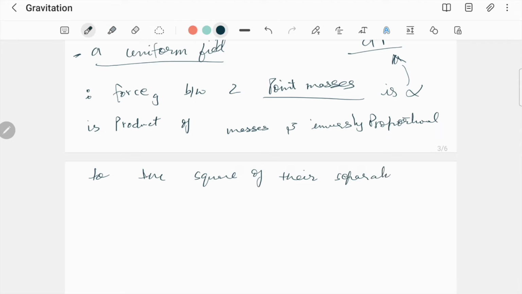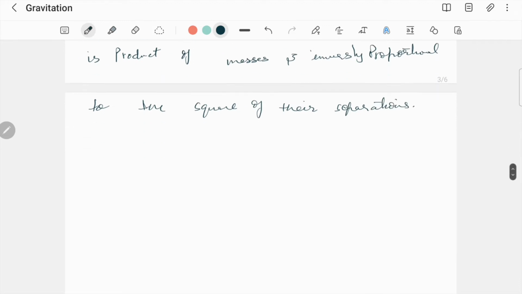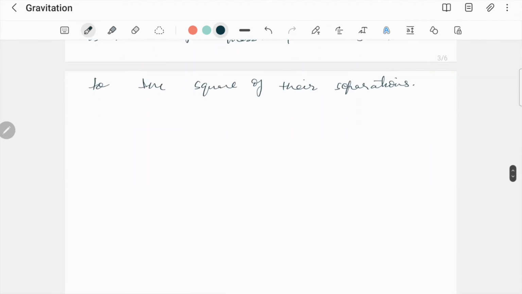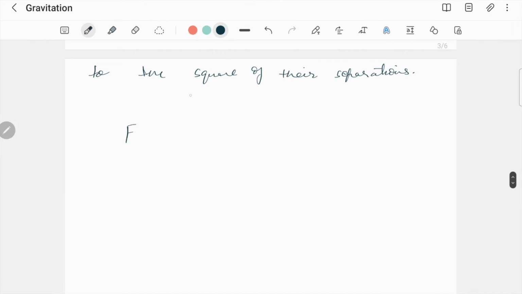Now, when we represent this idea in symbols, it might become easier. So we said that a force that exists between two masses, point masses, is proportional to the product M1 · M2. We use the dot for the multiplication sign because it's just easier this way.